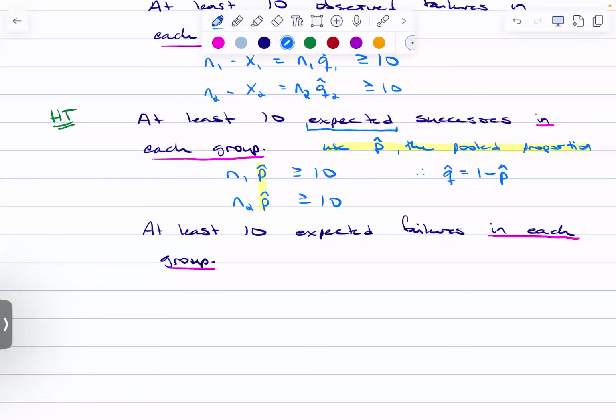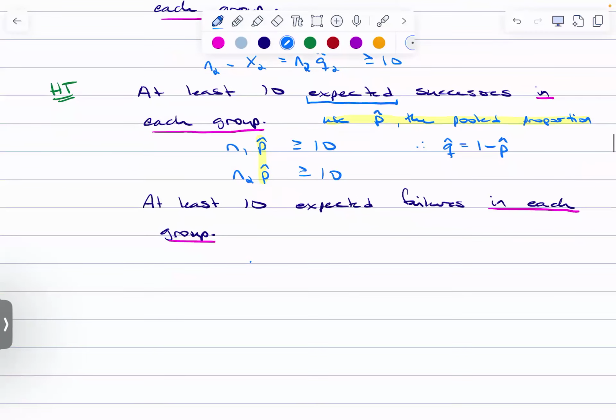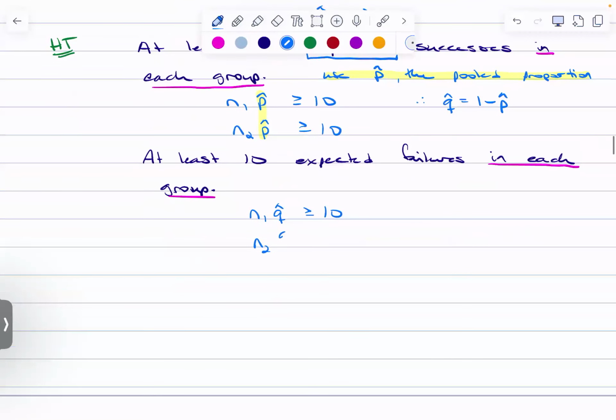And the math on that, if you had to do it, n1 times q hat has to be greater than or equal to 10, and n2 times q hat, oops, hey, it's all jumping around, has to be greater than or equal to 10.